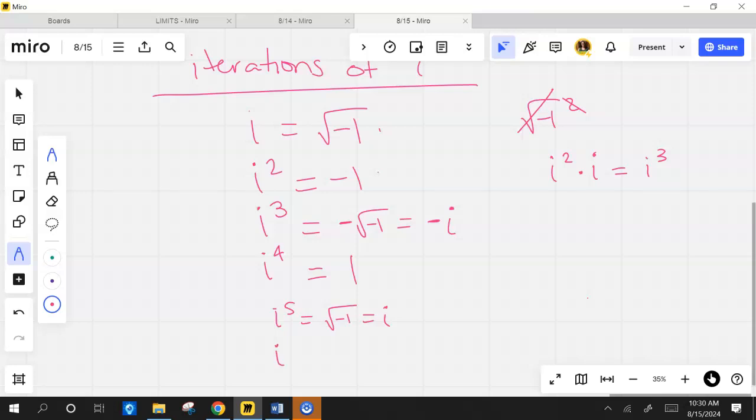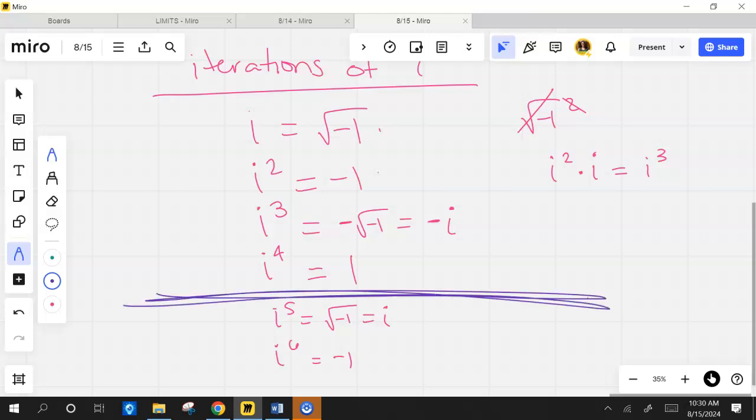What about i to the sixth? -1. What's happening? How many iterations of i are there? 4. Oh, yeah.